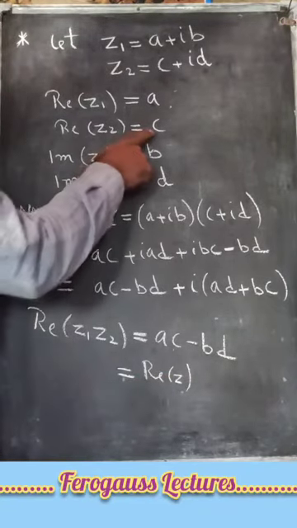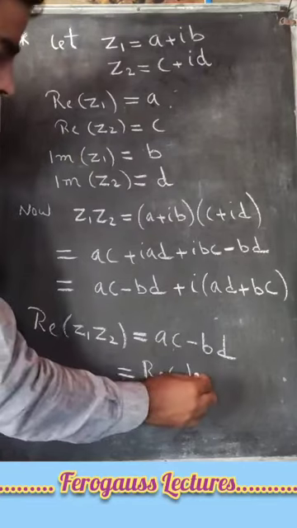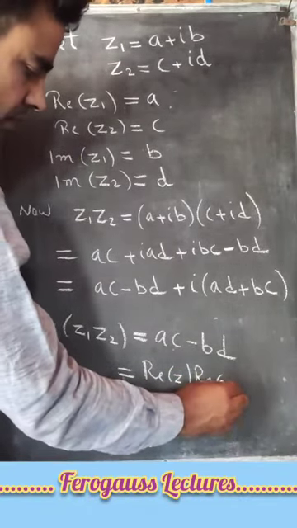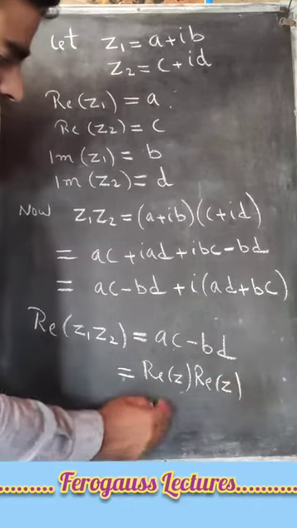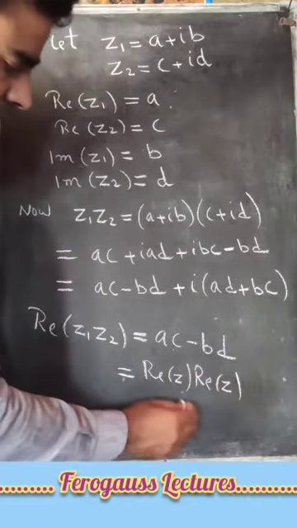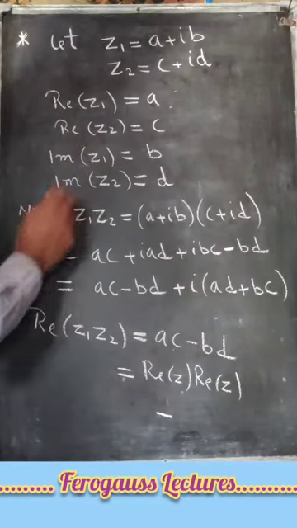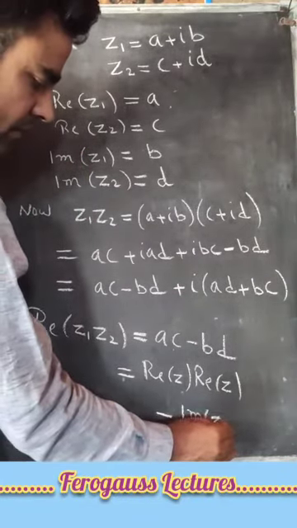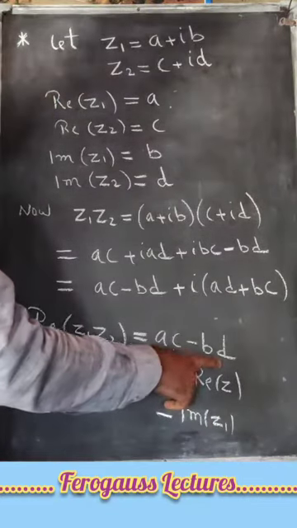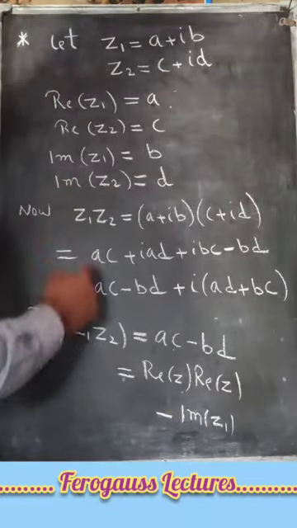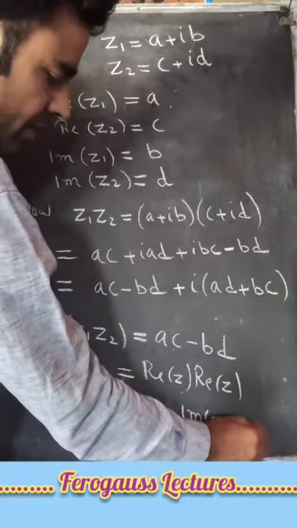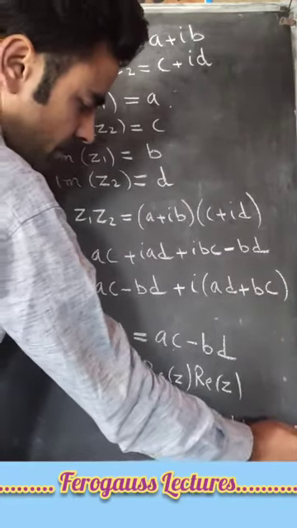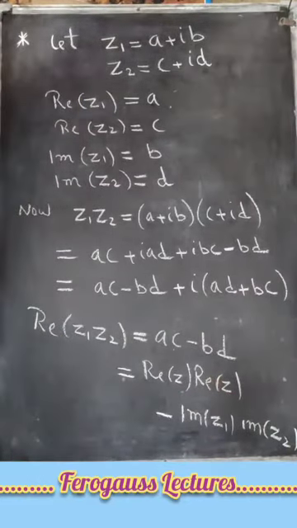Then we have C. C is the real part of Z2, so instead of C we can write the real part of Z2. Then minus times B. B is the imaginary part of Z1, so we write the imaginary part of Z1 instead of B. And then D. D is the imaginary part of Z2, so instead of D we can write the imaginary part of Z2. Okay? That proves the result.